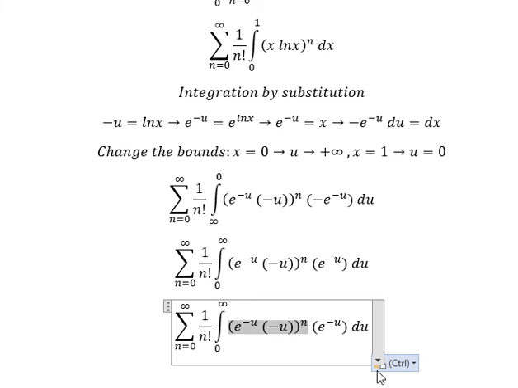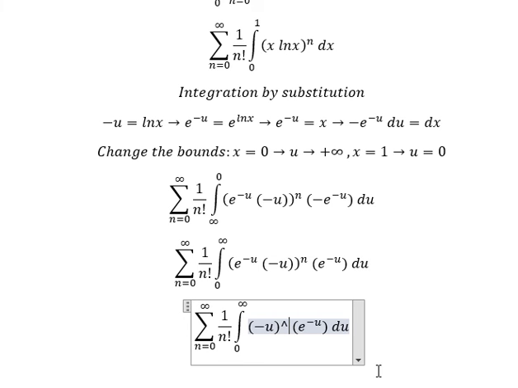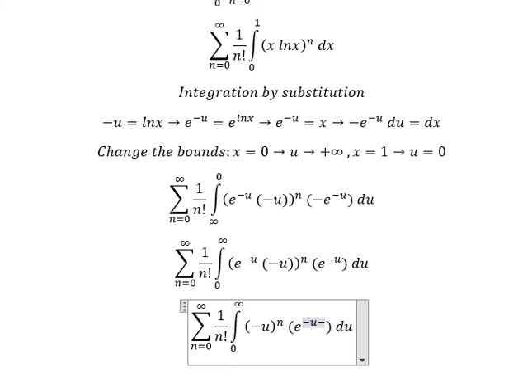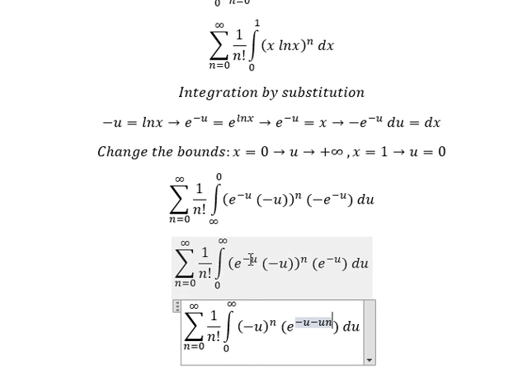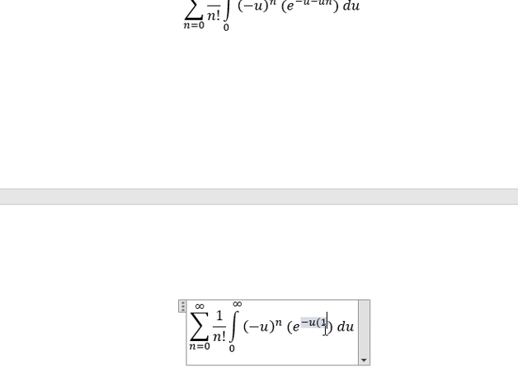So this one we have negative u to the power of n, and we have negative un. Because negative u multiplied by n, we have negative un. And u we can do factorization.